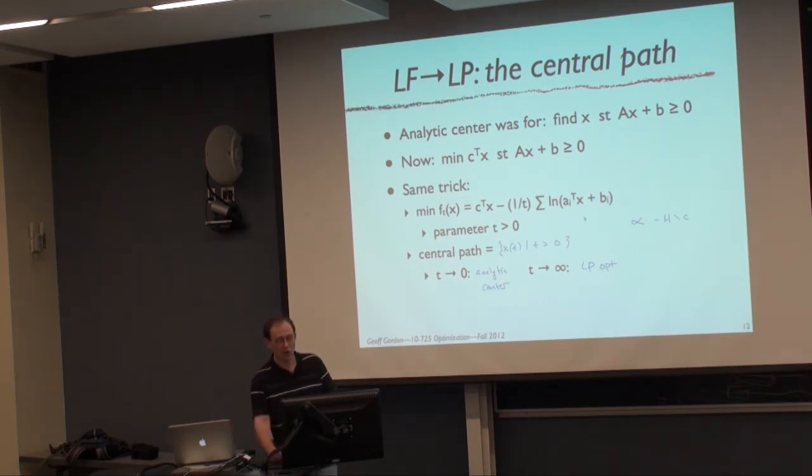So at every finite t, you're still going to be pushed away from the boundary, right? This function is an actual infinity outside the feasible region. And so for no finite t do you ever get to leave the feasible region. And so as t goes to infinity, this gets less and less important.